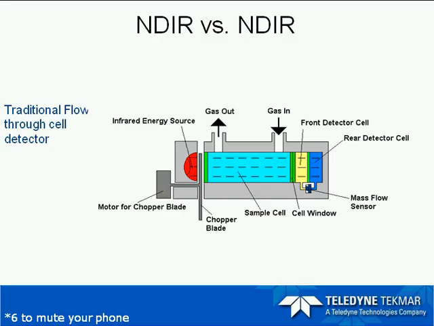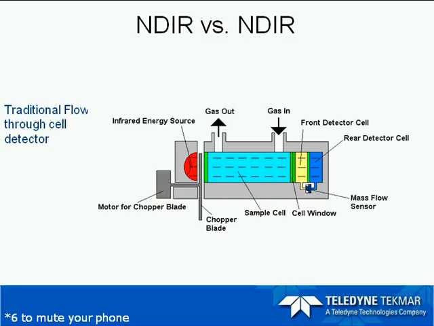As you can see on your left-hand side, you have an infrared energy source, and it sends two beams through the detector cell or sample cell. You have slots inside the detector for gas in and gas out, which is where your sample comes in.